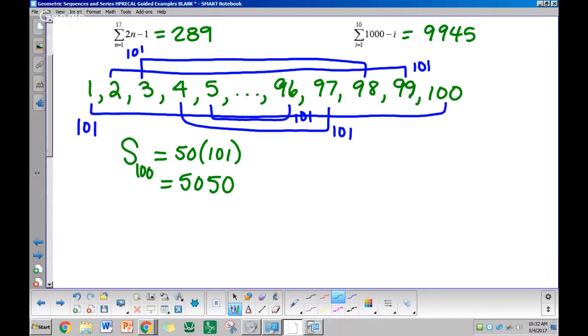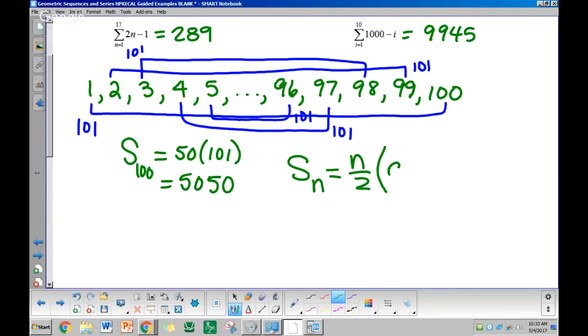So let's find out what the general formula for an arithmetic sequence is. If I had n numbers, what did he do? He put them in pairs, which means he took the total number of numbers and divided by 2, and then he took the first one and the last one and added them together.